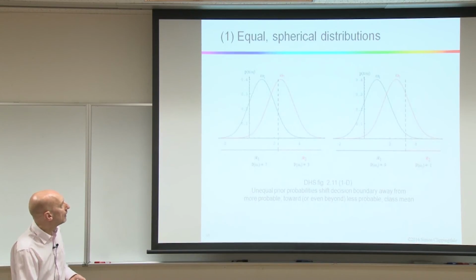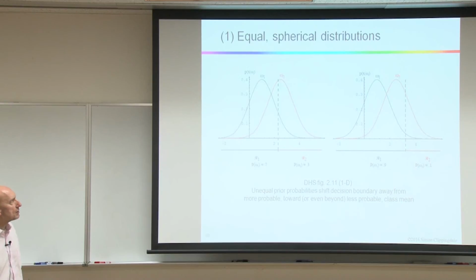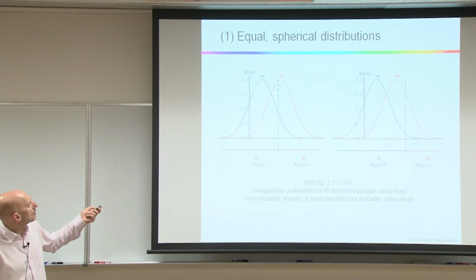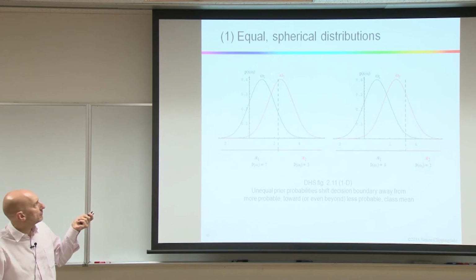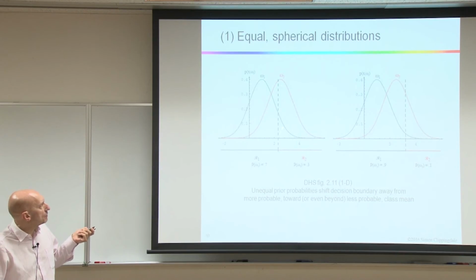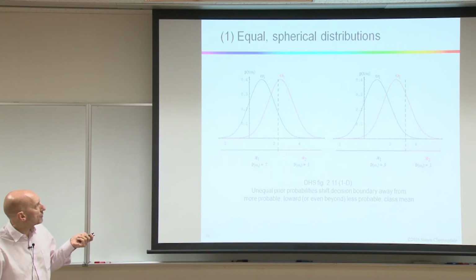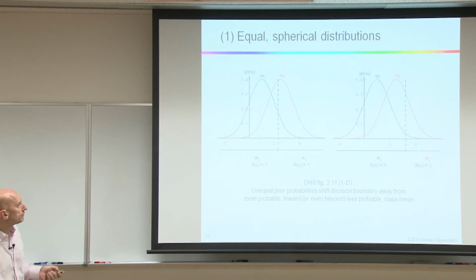Okay. In one dimension, it looks like this. So here's a Gaussian for class 1. Here's the Gaussian, the probability distribution for class 2. But we're going to make the assumption that class 1 is more likely as a prior than class 2, and that shifts this boundary away from the midpoint here towards class 2.